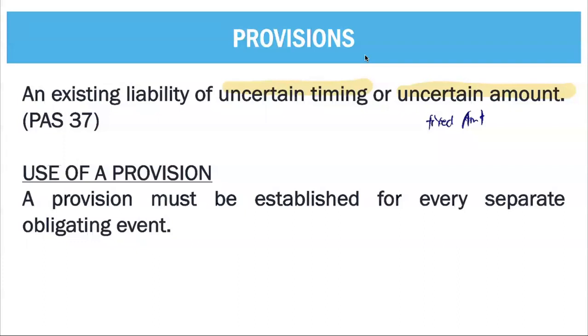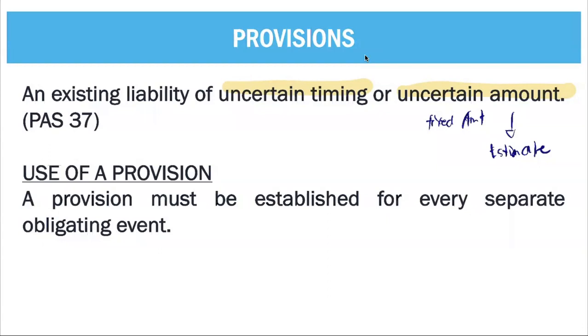But in a provision, the amount is uncertain. Why is it uncertain? Because normally we only estimate this type of liability. That's why I said a while back that estimated liabilities are an item of provisions, because normally we just estimate the amount of our liability.